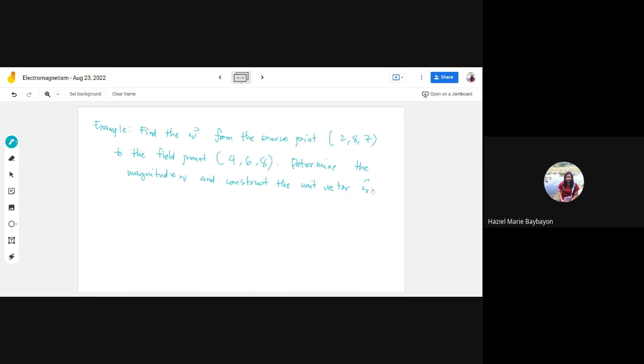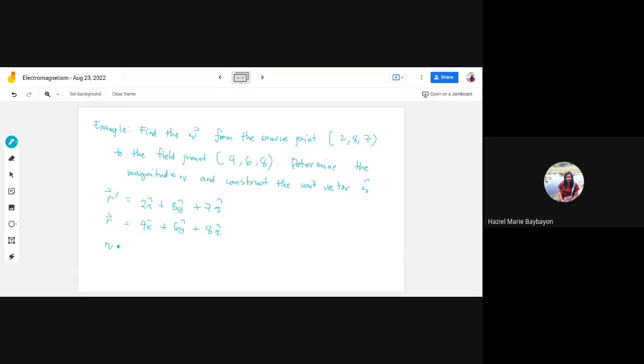So how do we do this? Since these are the coordinates of the source point, R prime is equal to 2x hat plus 8y hat plus 7z hat. And for the field point with coordinates 4, 6, 8, you have r equal to 4x hat plus 6y hat plus 8z hat.